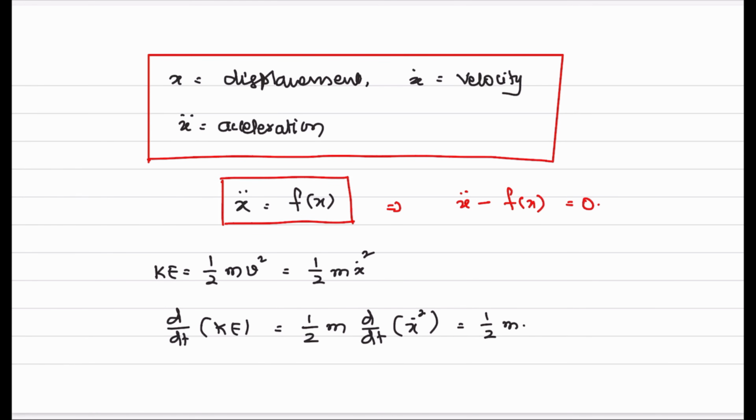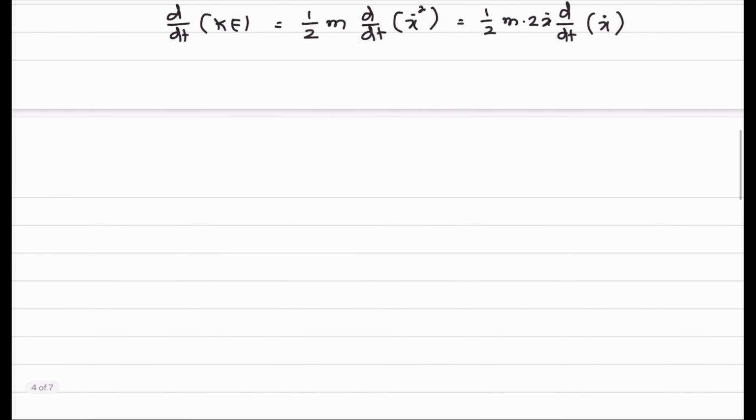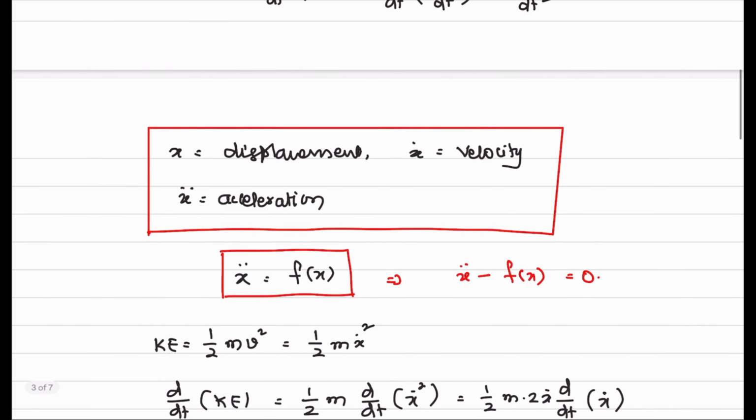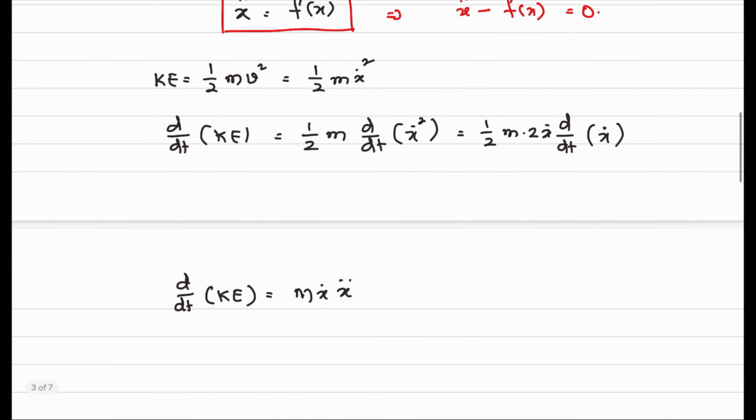That is equal to half m into 2 into x dot into d by dt of x dot. Do you agree? From simple differentiation, d by dt of kinetic energy is equal to m into x dot into x double dot, because d by dt of x dot we have already defined as x double dot.